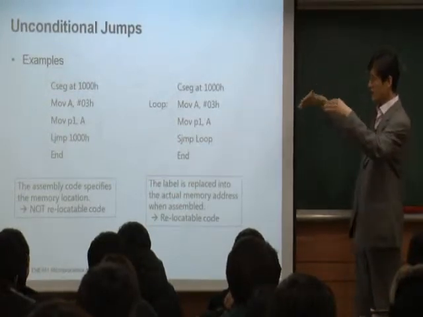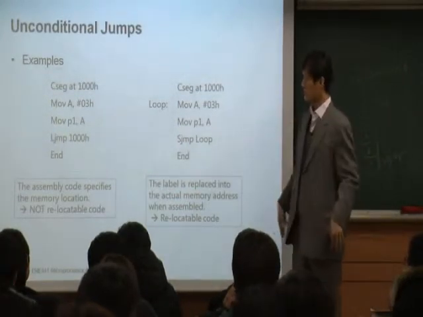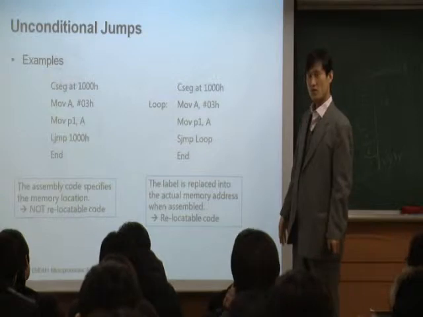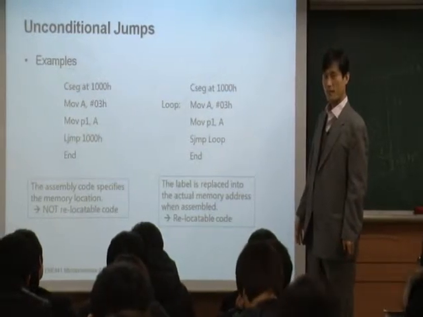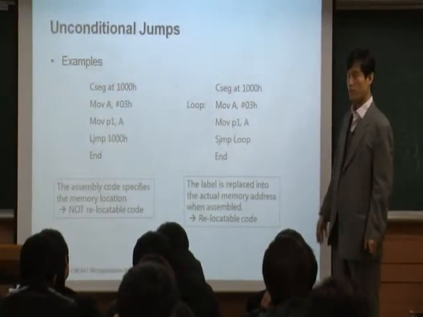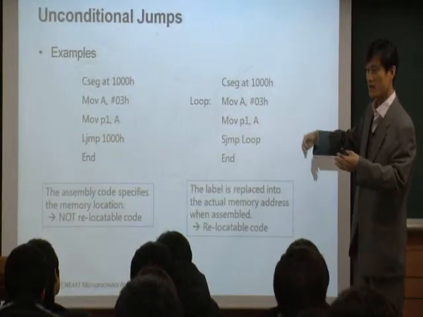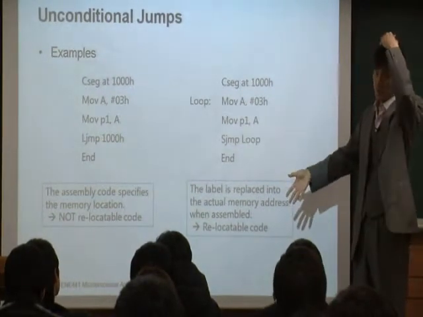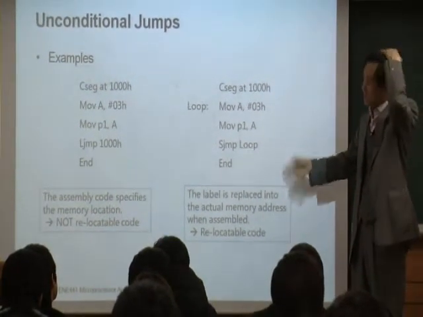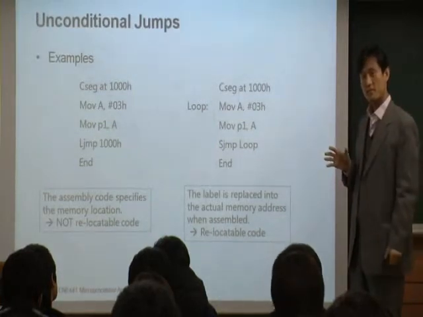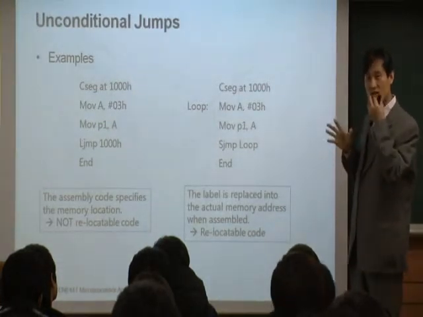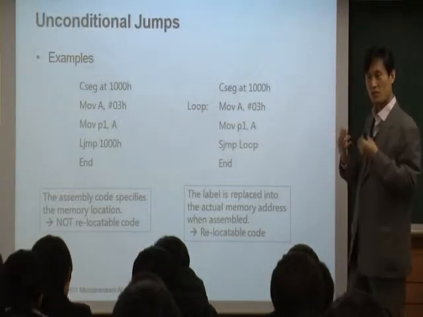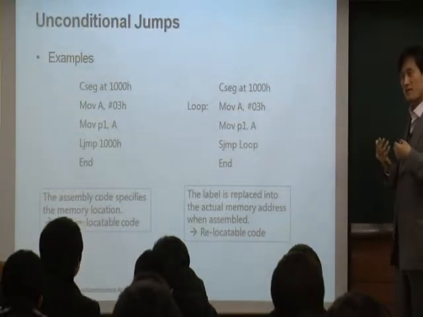Do you see any difference? No, I mean, let's say you compile this and run it in the microprocessor. These 2 will be exactly the same, right? From the microprocessor perspective, these 2 are the same.